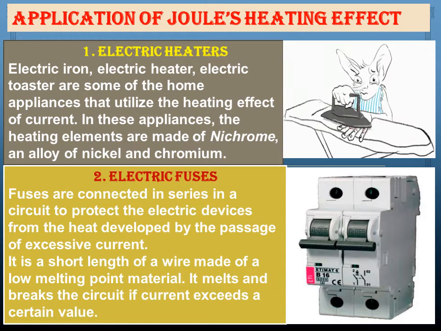Lead and copper wires melt and burn out when the current increases above 5 amps and 35 amps respectively. The only disadvantage is that once the fuse wire is burnt due to excessive current, it needs to be replaced.